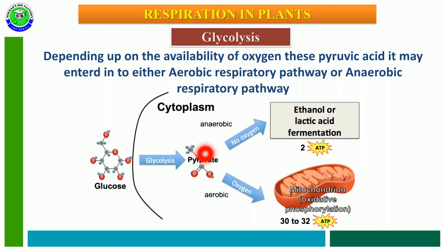But if oxygen is not available, this pyruvate enters into either ethanol or lactic acid fermentation to undergo incomplete oxidation and releases a smaller amount of energy. These are the main important characteristic features and mechanism of the glycolysis pathway.